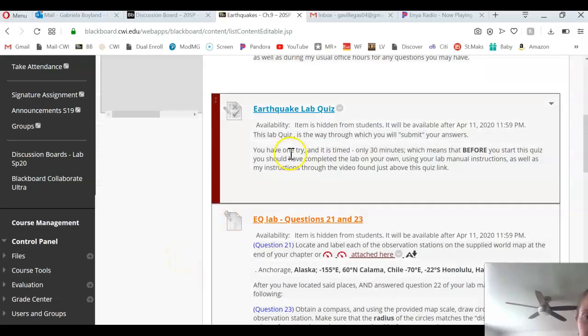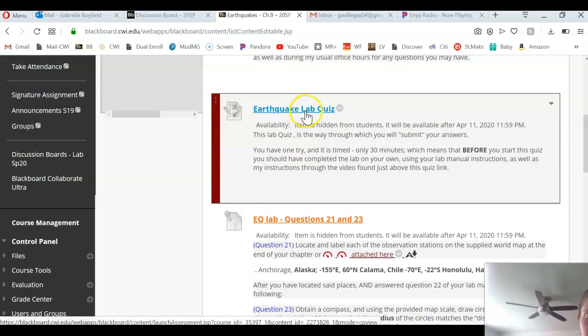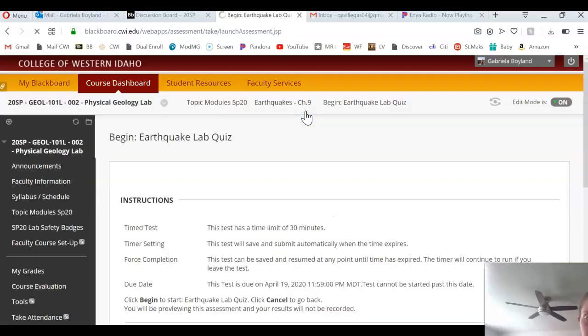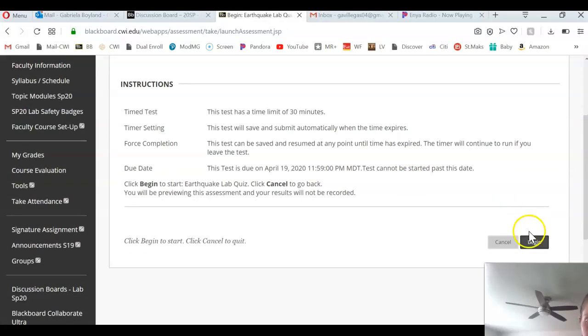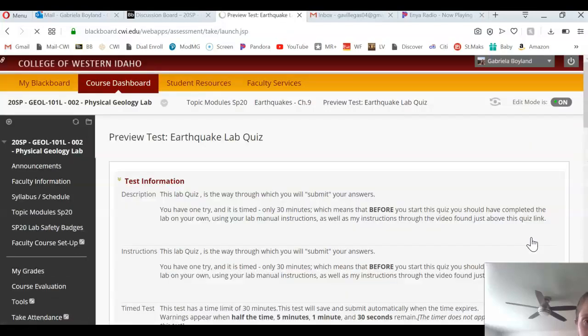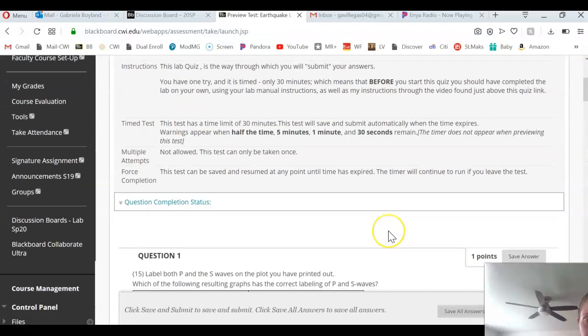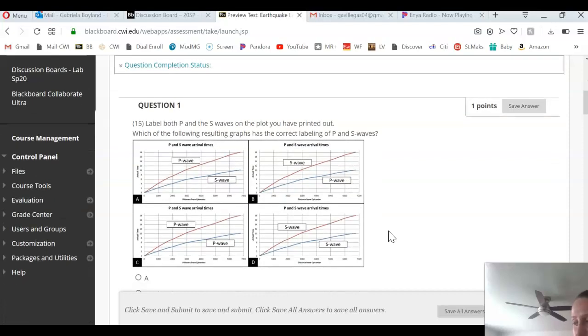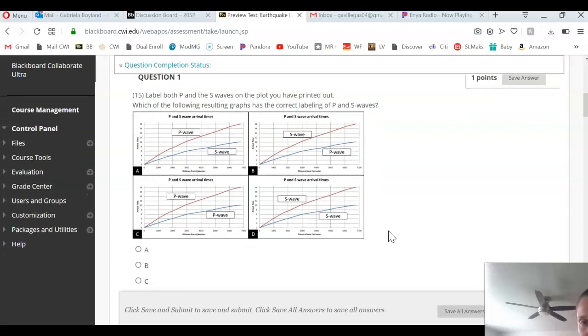Okay, and lastly, let's go through how that looks on your quiz. If you go onto your quiz, click begin. Only do the quiz once you have the answers for all of it, okay? This is question 1, which in your lab manual is really question 15. Those are the 2 different waves plotted in that graph.